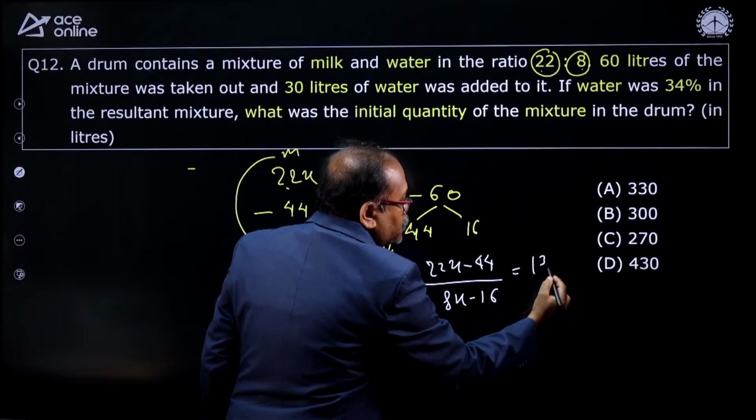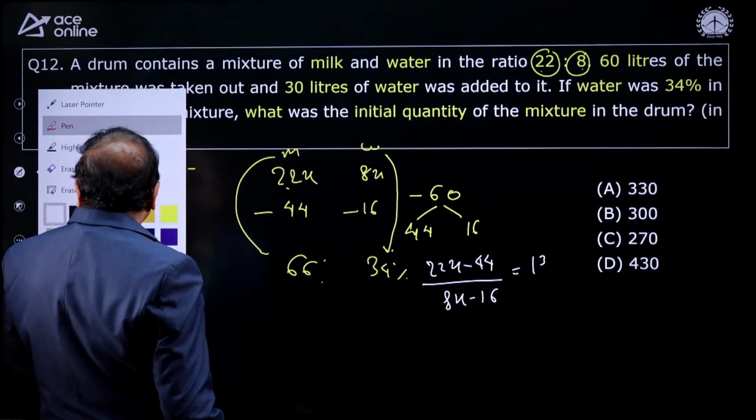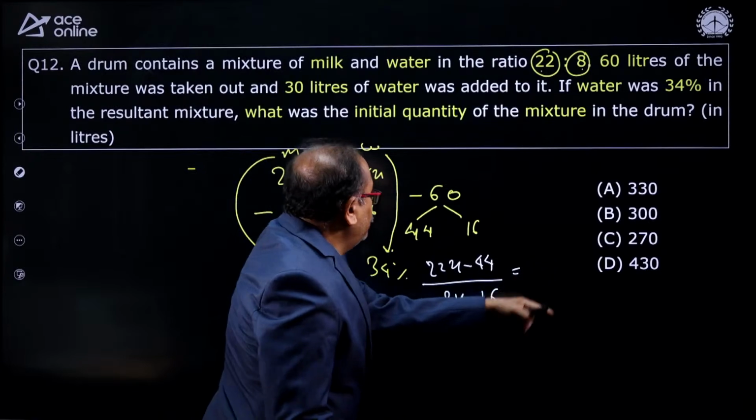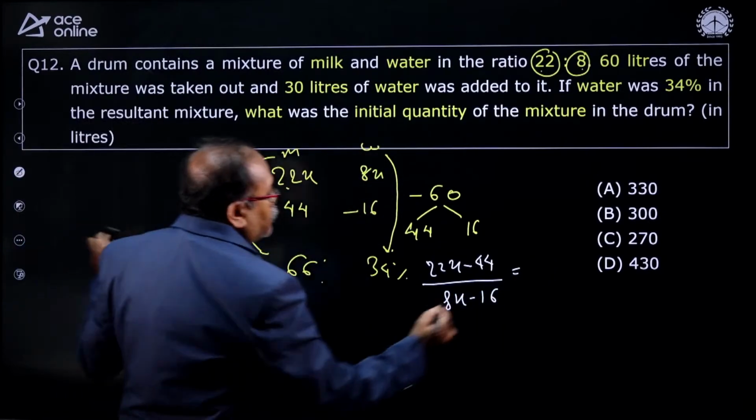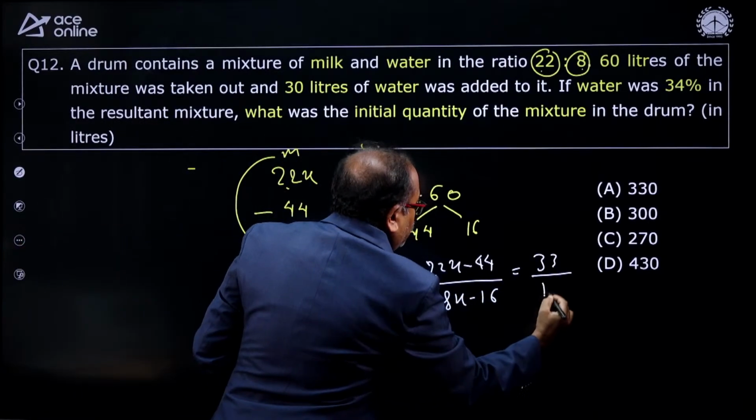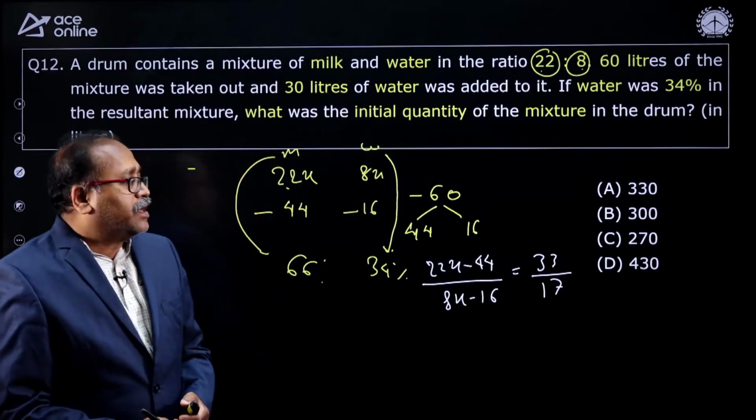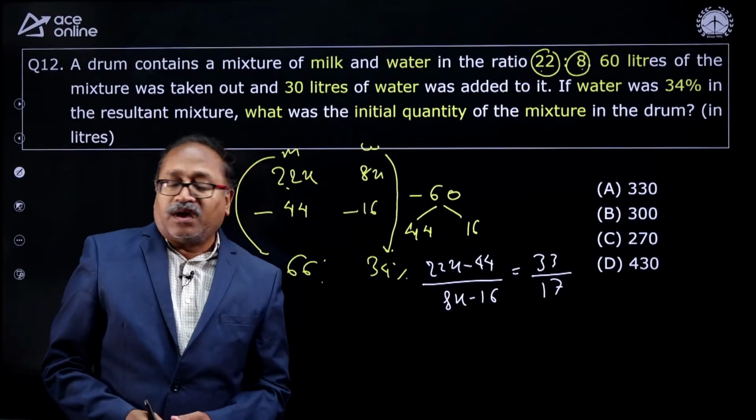So this comes 33 by 17. By cancelling this, you will get the answer for this.